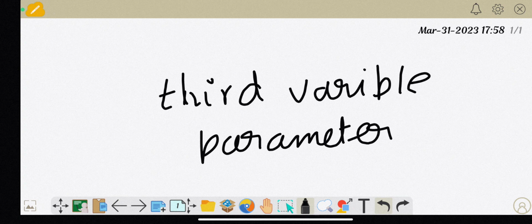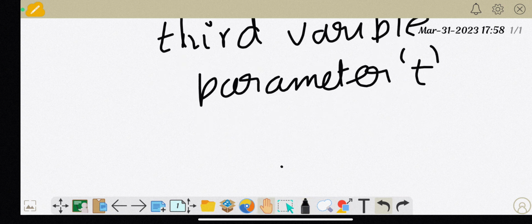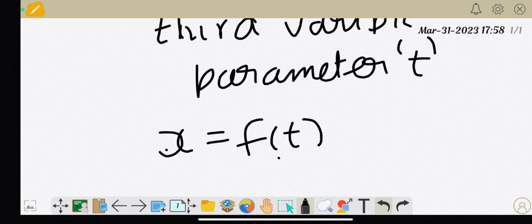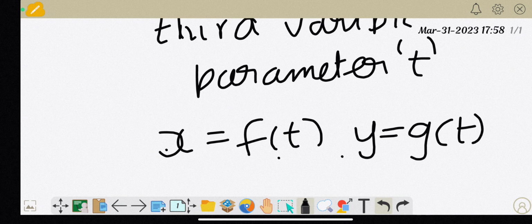Usually we take it as t. Okay, so our equation will be relating in this way: x is equal to f of t and y is equal to g of t. Okay, the equation will be in this way.